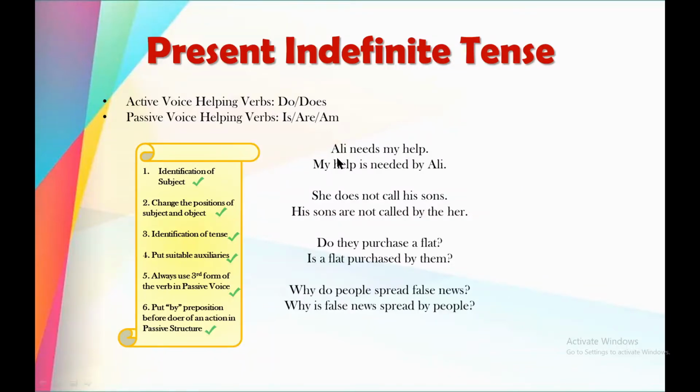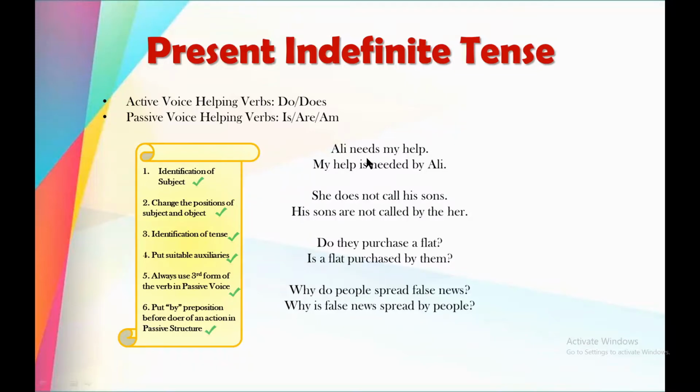In declarative sentences, if the subject is plural, we do not use s or es, but the main verb would remain the first form. But in other types of sentences in present indefinite tense, we have helping verbs as do and does. But in passive structures, it changes. Now what it changes, in passive structures we have is, are, and am as helping verbs.